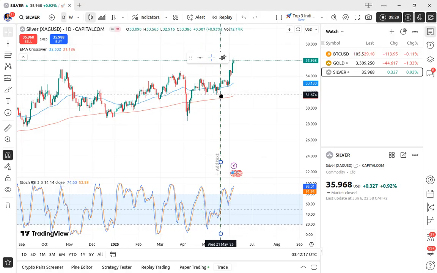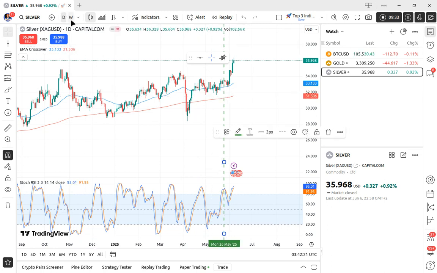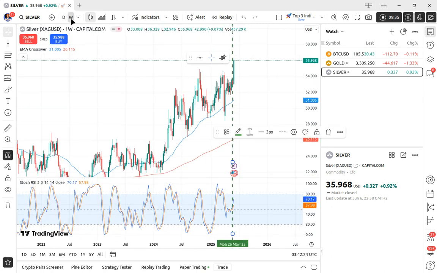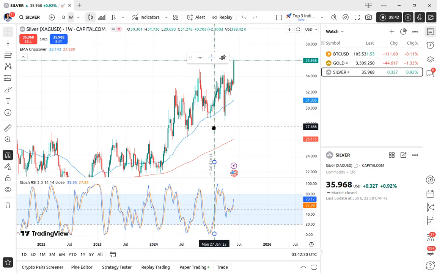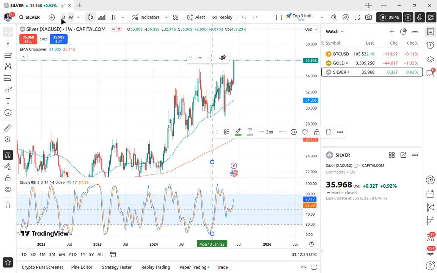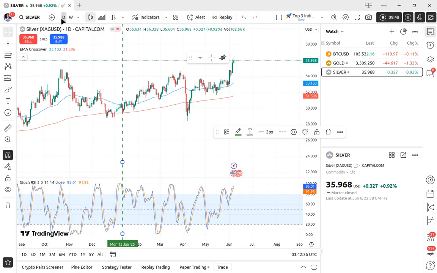No, let's say somewhere here. It has to be in an overbought zone. There you go. No, it's not exactly, but it's supposed to be somewhere there. Maybe ideally somewhere there.